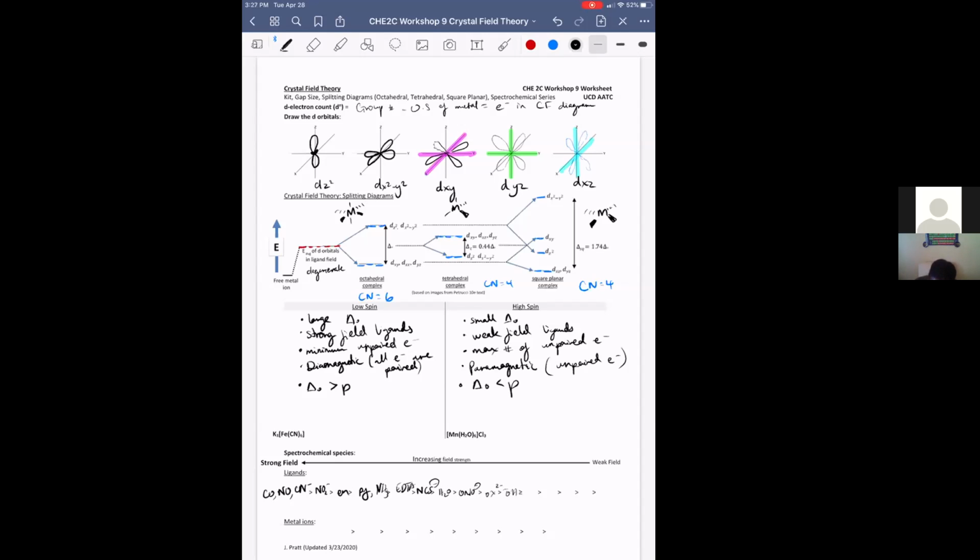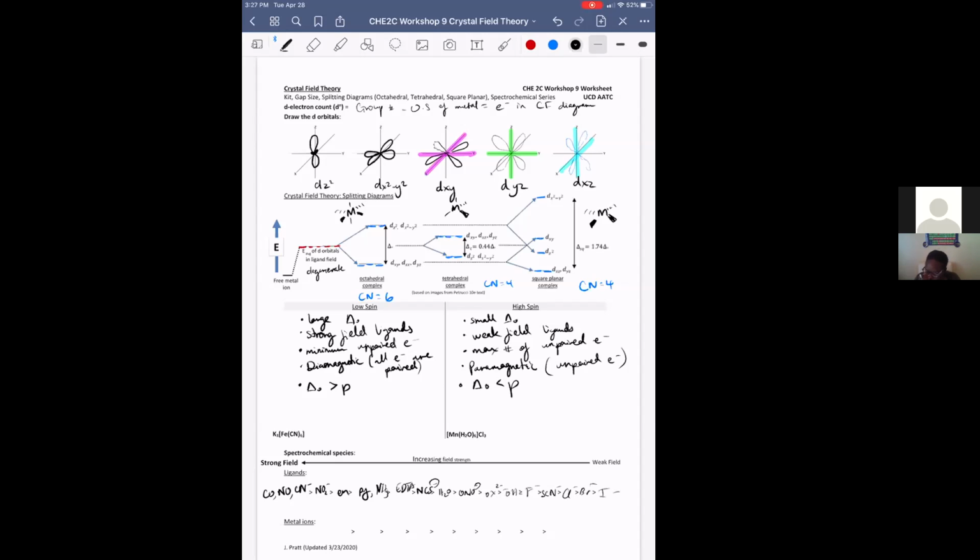Then we have fluorine, and our thiocyanate S, so SCN minus, actually changes. The bonding through either nitrogen or sulfur for our thiocyanate ligand changes whether it's going to be strong field or weak field. And then we'll have the rest of our halides: chlorine, bromine, and iodine.